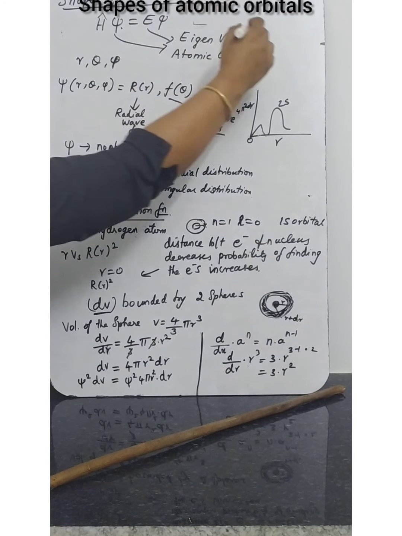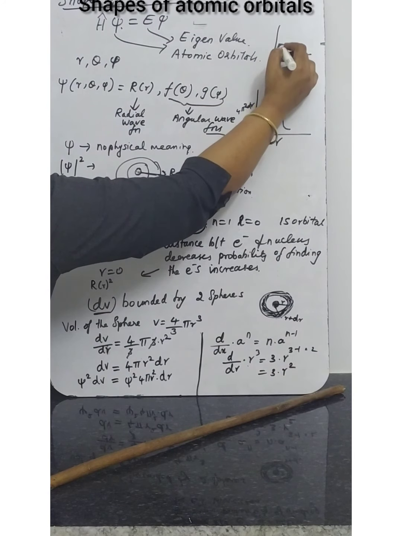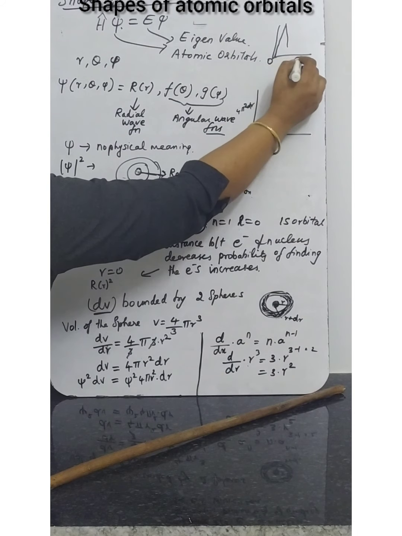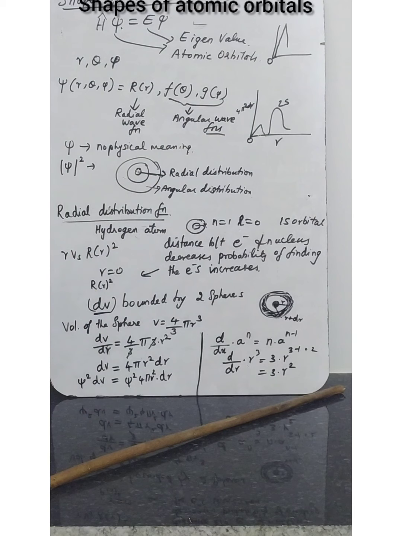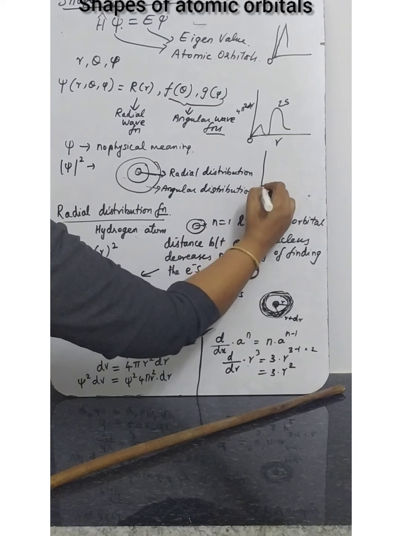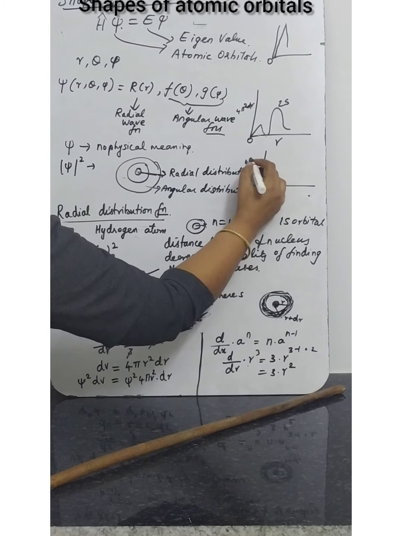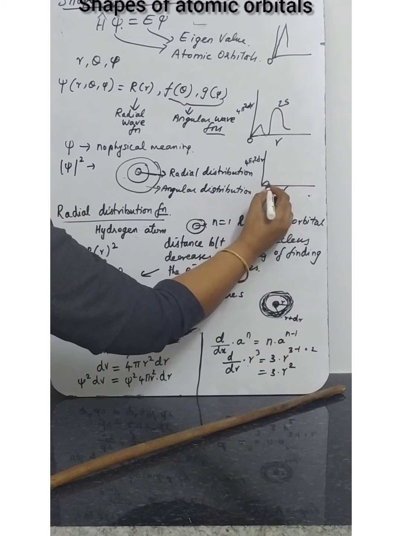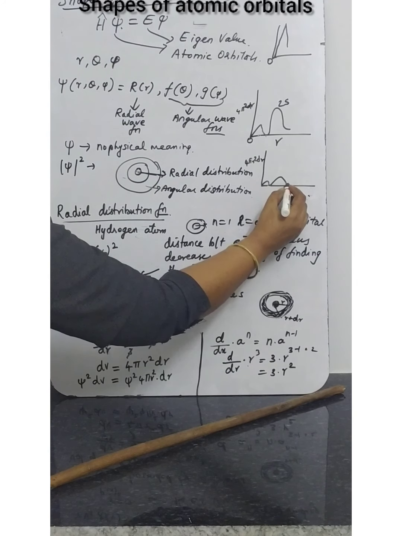If you take the 1s orbital, we can write it like this, and here there is no node. So in the 1s orbital there is no node, and in the 2s orbital only 1 node is possible. If you take the 3s orbital, the graph of 4 pi r square dr and r will come like this: 1 node and then 1 node.